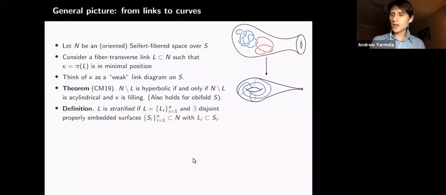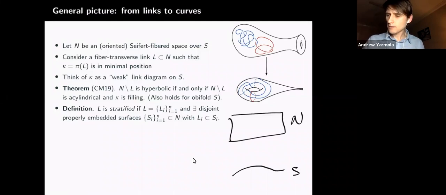And what we call this is a stratification. The stratification is a disjoint collection of properly embedded surfaces where chunks of our link live. So think of those like the horizontal and vertical pieces from earlier. And the way you really want to think about it is, here's a small diagram of S, here's a diagram of N. And we're going to think about our curve as a couple of dots.